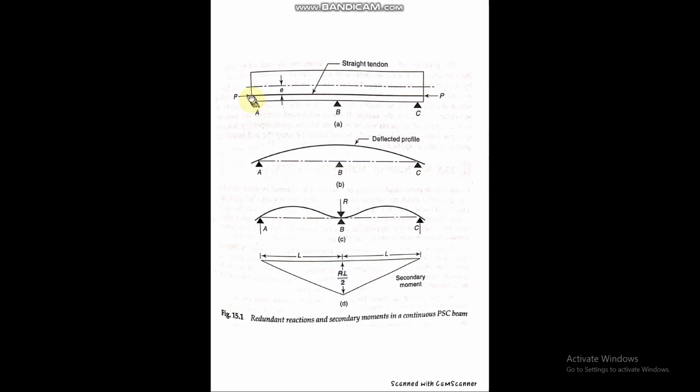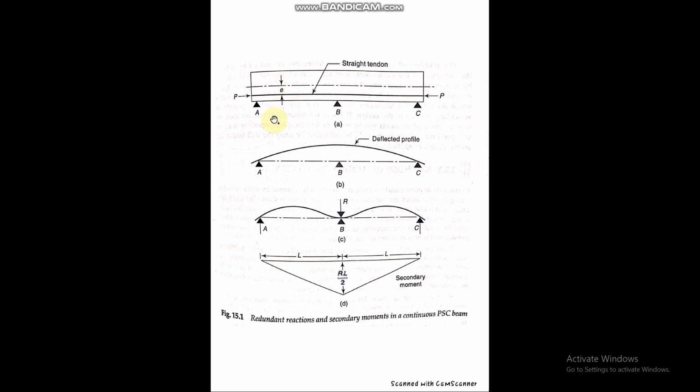Since the example is of an eccentric cable which is constant throughout the span, the bending moment which originally occurs is Pe throughout. P is the prestressing force and e is the eccentricity from the neutral axis.